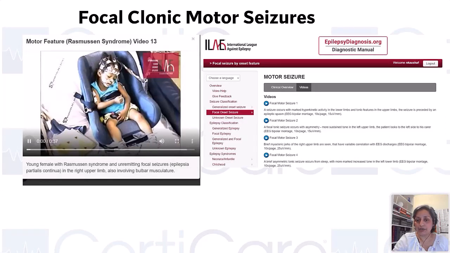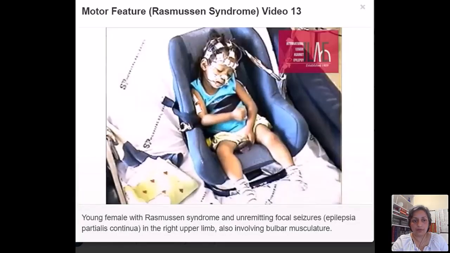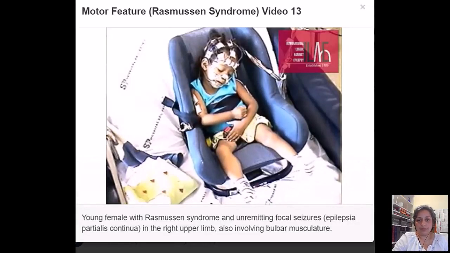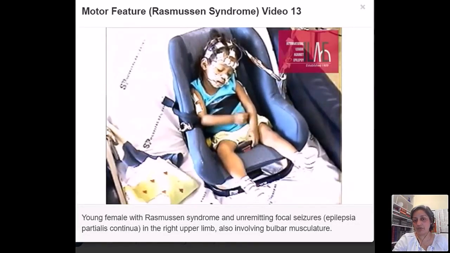These videos are taken from the International League Against Epilepsy, Epilepsy Diagnostic Manual. So let's play this video of this young kid here. So you have very asymmetric movements of the limbs.